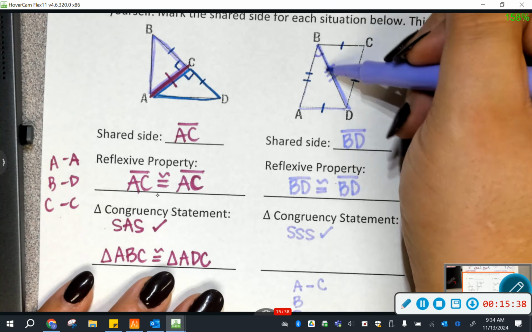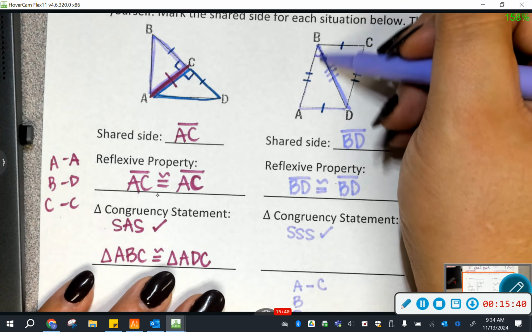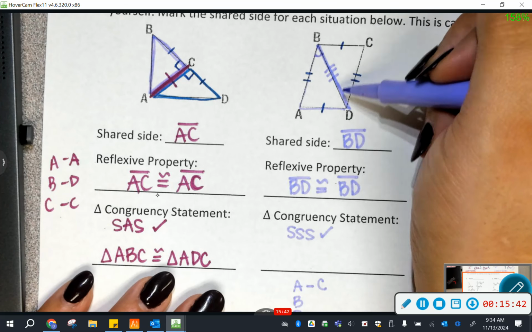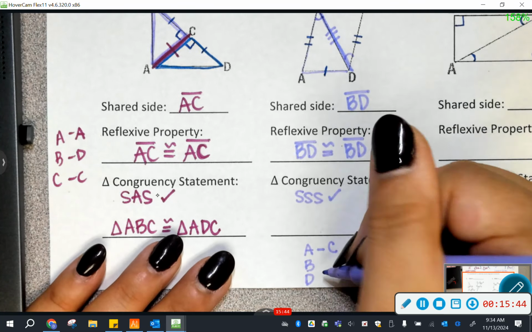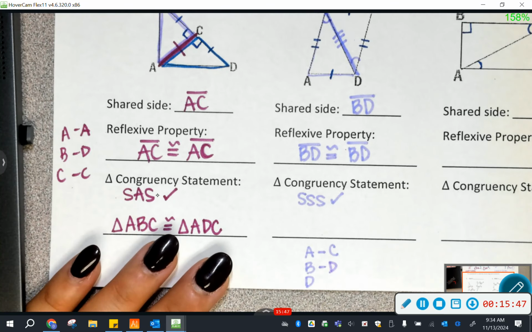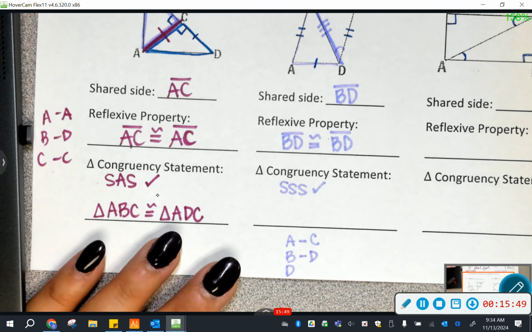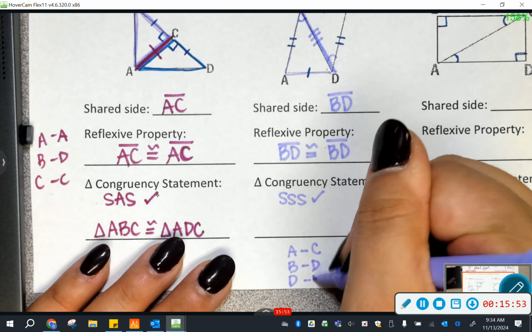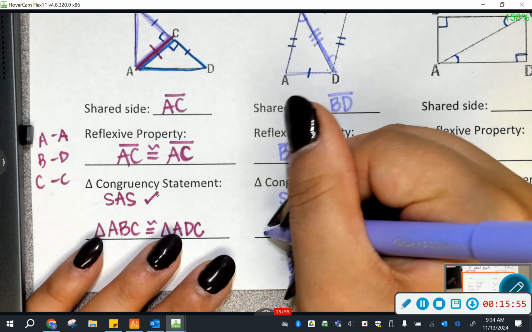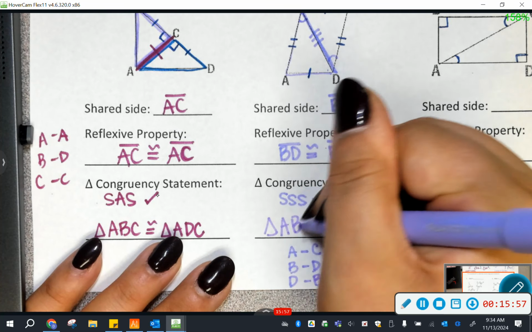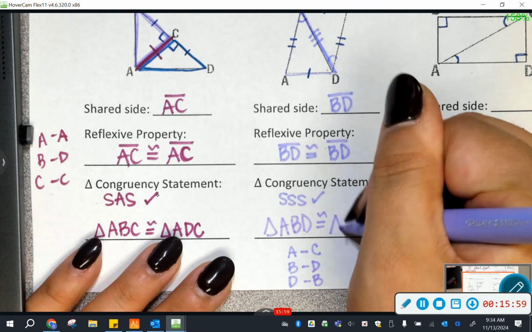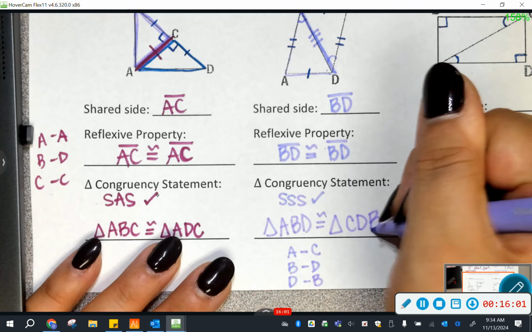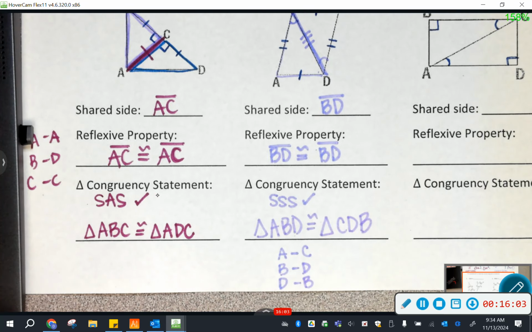What is in between 2 tick marks and 3 tick marks? D. So B goes with D. And then last but not least, so this one they're backwards a little bit, but that's okay. ABD is congruent to CDB. That one was weird.